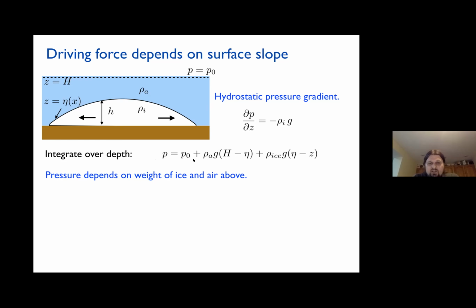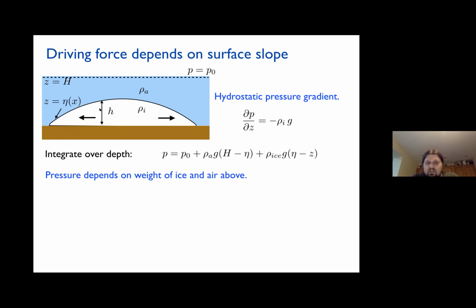So you've got the pressure is the constant value at height H. Then you get a contribution moving downwards from the weight of the air sat on top of the ice sheet. So it depends on the thickness of the air column, H minus eta, and g times rho_a, the density of the air. And then you also get a contribution due to the weight of the ice down to the particular level that you're sitting at.